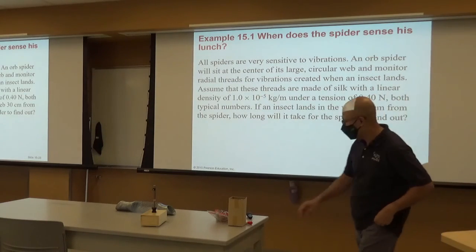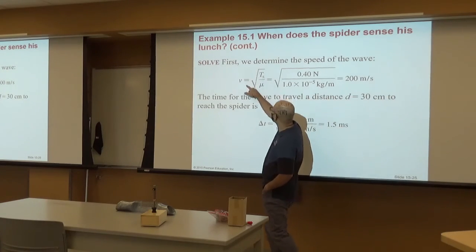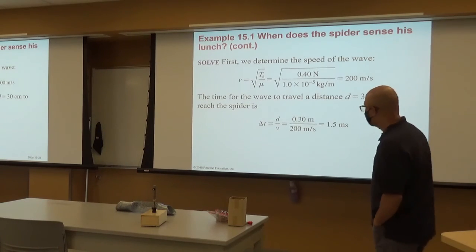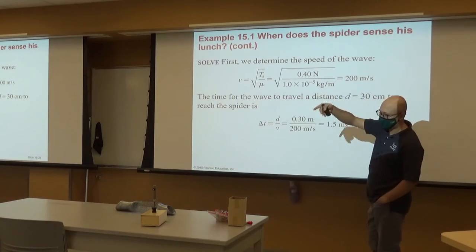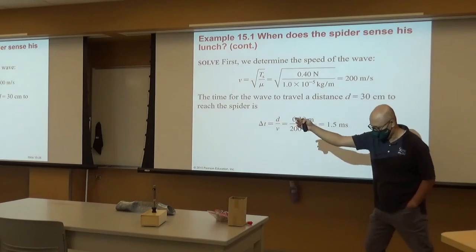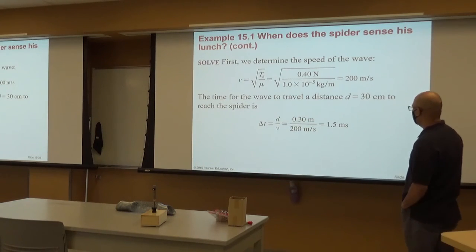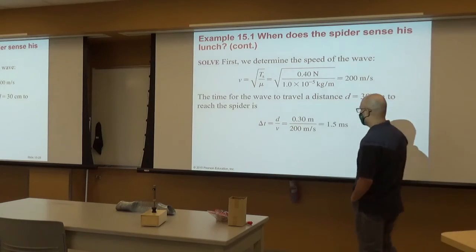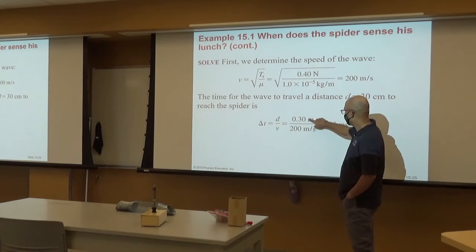The speed we know is given by this formula. So that's the speed of the wave produced by the insect. And the insect is 30 centimeters from the spider, so the distance between the point where the wave is produced and the spider is 30 centimeters. The time it takes to reach the spider is distance over speed.